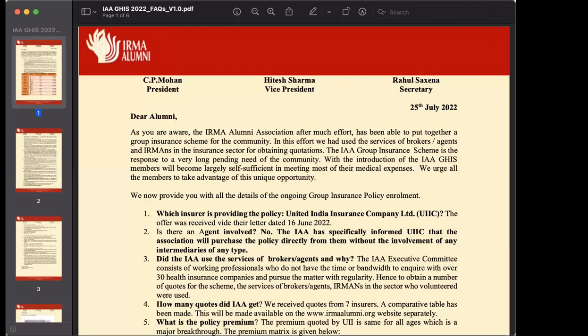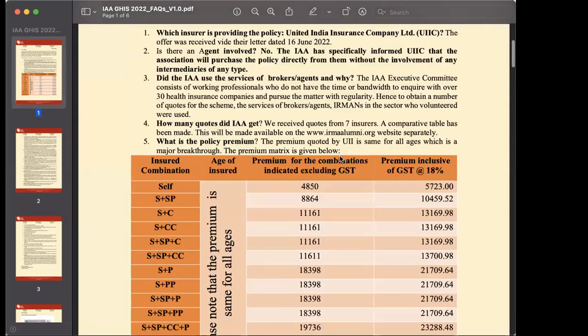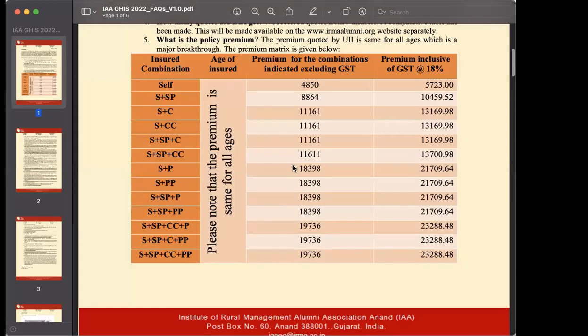Okay, so please let me know if you can see my screen. Yeah, we can. Okay, so this is the FAQ document that we have already shared on various groups, and it is also available on the website.